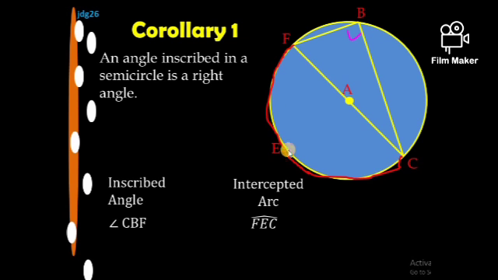So, kung papansinin natin, ito ay a semicircle kasi kalahati siya ng circle since ang endpoints ng arc ay yung endpoints din ng diameter. So, it means it measures 180 degrees. Therefore, the measure of angle CBF, kung gagamitin natin ang theorem kanina, which is half ng intercepted arc ang measure ng inscribed angle. So, 180 divided by 2 is equal to 90 degrees, which is a right angle based dun sa ating corollary 1.